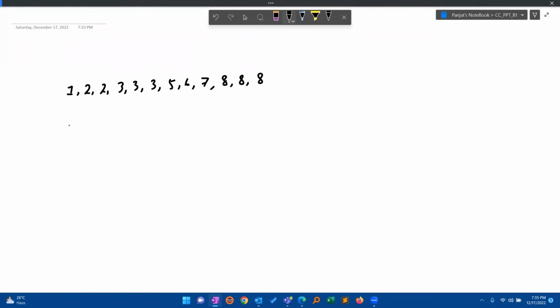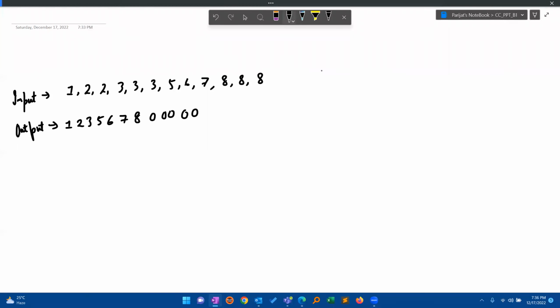Okay, so what we are looking for is something like this, and then something like this. Okay, so this is the input. This is the output, and this has to be done in place. So you will be changing the current array itself.